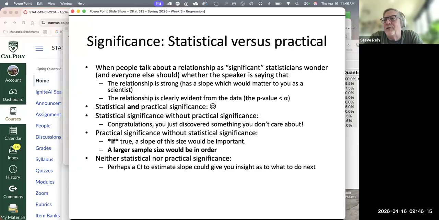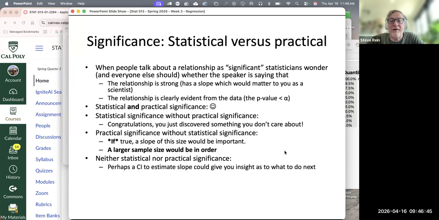If I told you the systolic blood pressure is statistically higher in males than females, you'd say, oh, we're concerned, we would want to know more. If I say it was 1 point, you'd say, yeah, no one cares. Would a doctor care? Would the difference in blood pressure be enough that you'd say, ah, that matters to me as a practitioner in the area? So statistical significance, check. Practical, no. Well, you've just discovered something you just don't care about.